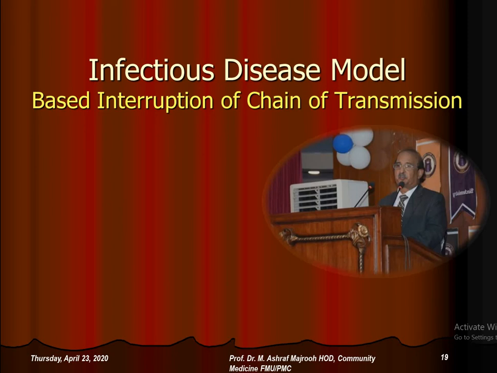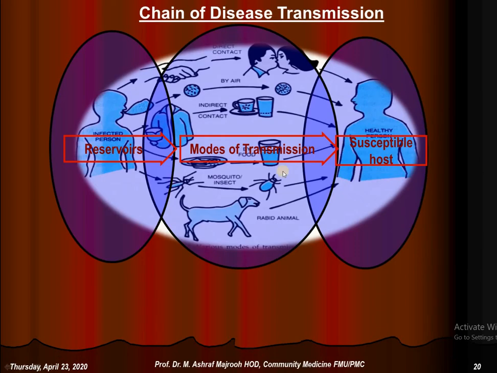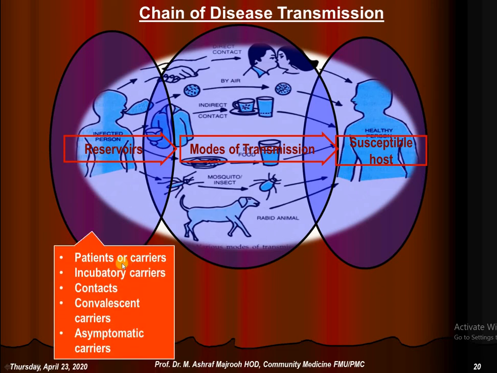Then most important is the infectious disease model, which is based on interruption of the chain of transmission. What is the chain of transmission? It consists of the reservoir, the mode of transmission, and the susceptible host. The reservoirs are the infected persons: the patients and carriers, incubatory carriers, contacts, convalescent carriers, and asymptomatic carriers.